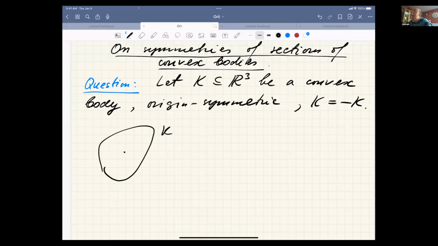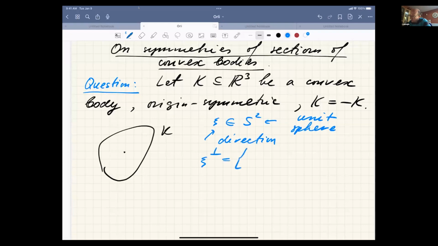And let me write psi as a direction on the unit sphere. This is the unit sphere, and this is just a direction. I'll also write psi perp. This is the plane orthogonal to psi, the set of all p's in R3 such that p dot psi is 0.